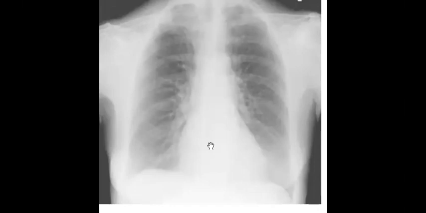The retrocardiac region is fine. The shoulder is not rotated, maybe just positional. There are clear costophrenic angles and no pleural effusion.